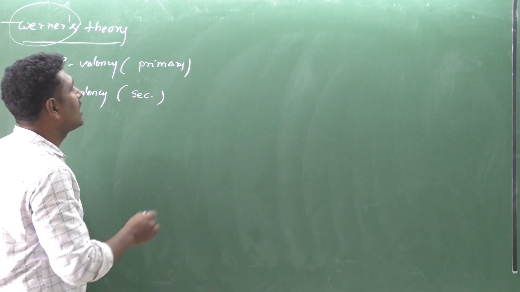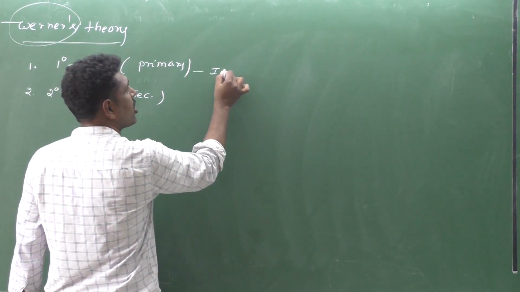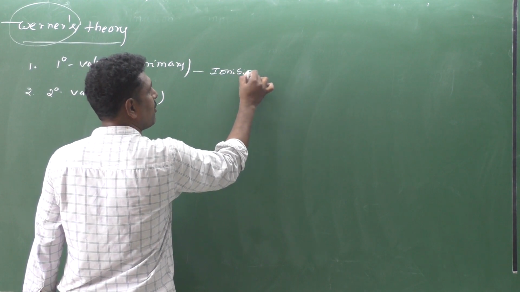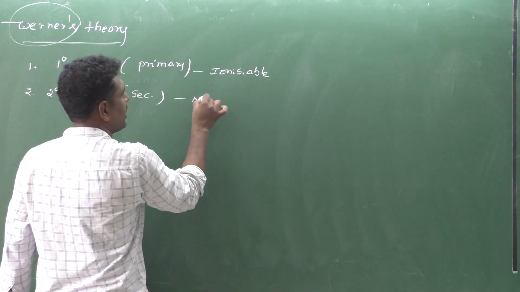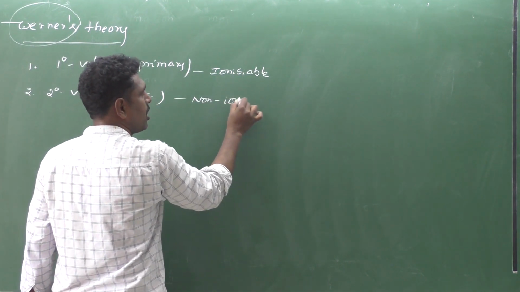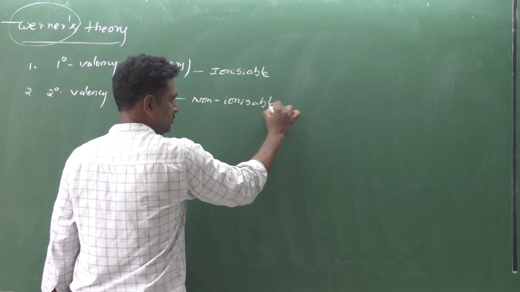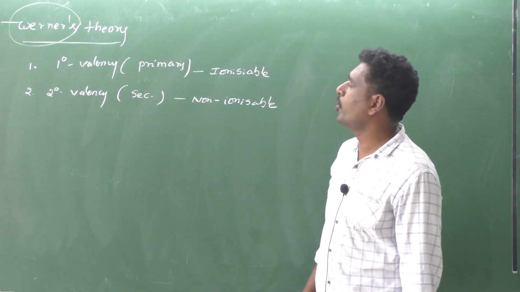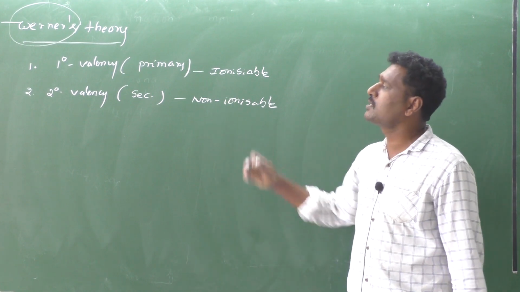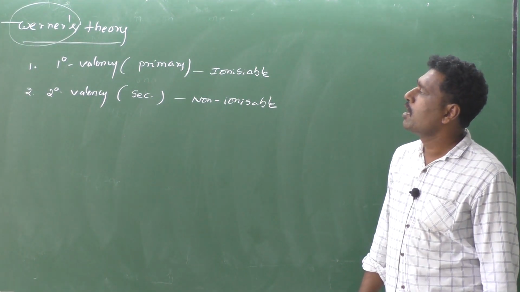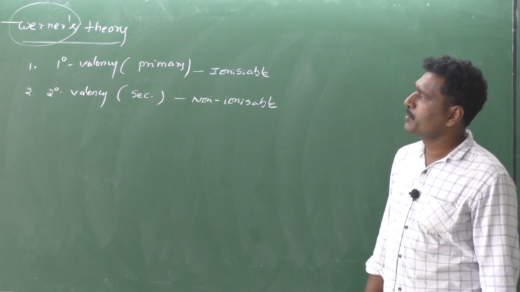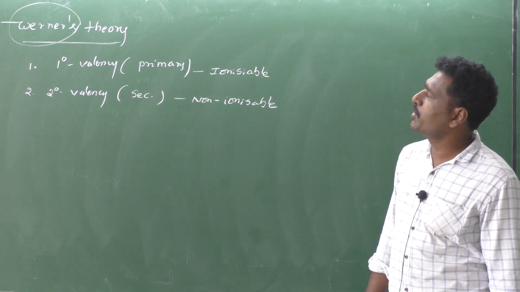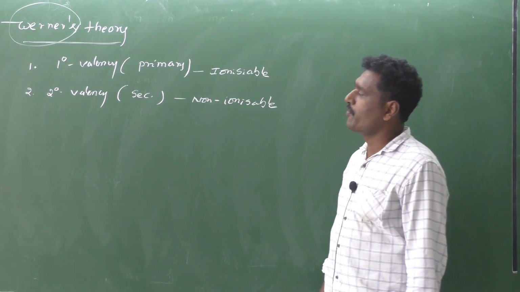The 1 degree valency, the primary valency, is ionizable valency. The secondary valency is non-ionizable valency. Therefore, two valencies are possible for complex compounds.